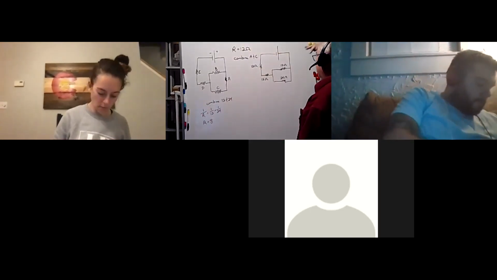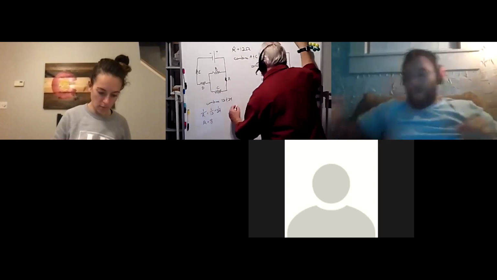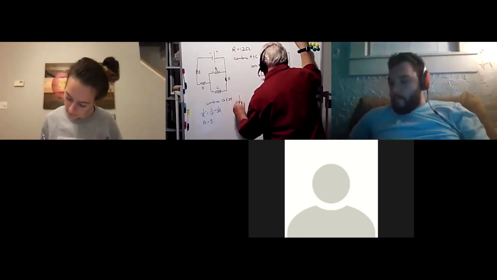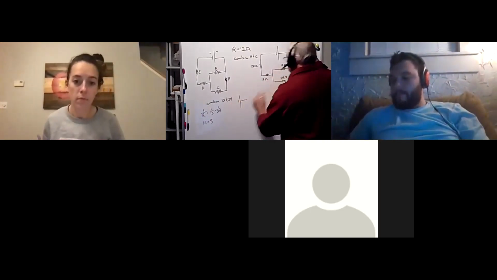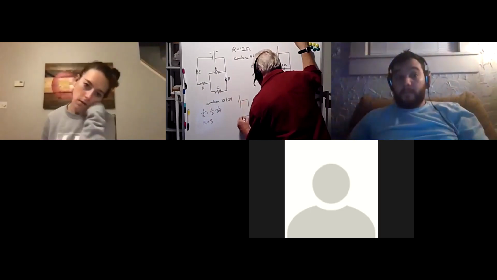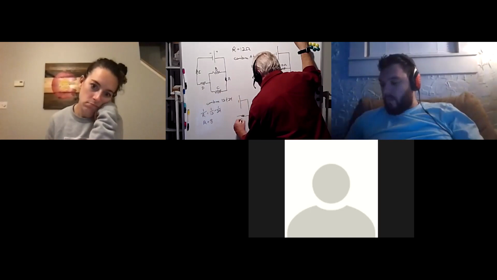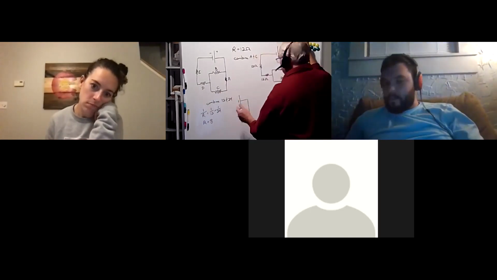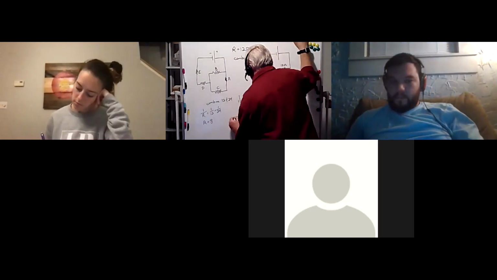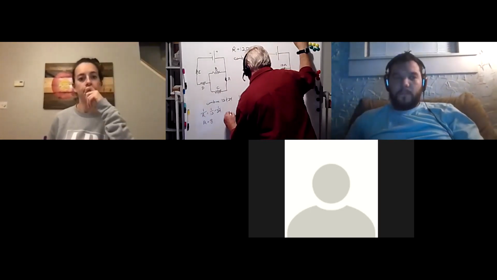What does it look like in the circuit? Well, now my new circuit looks like this. I've combined these into just one, and it has a resistance of 8 ohms. Usually we would get a decimal, but 12 and 24 are special.